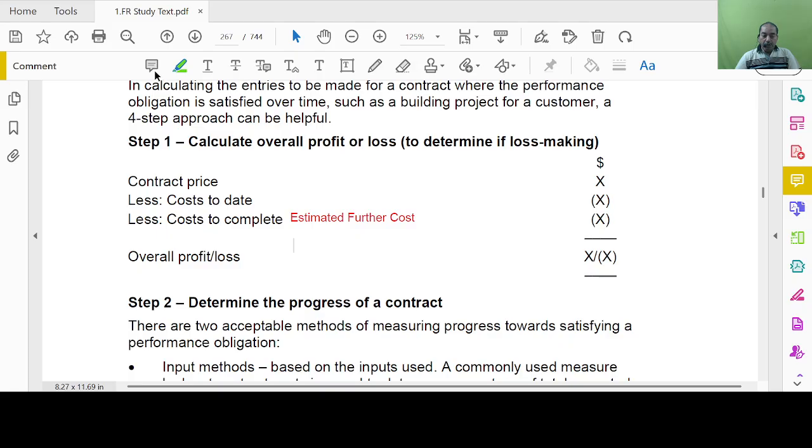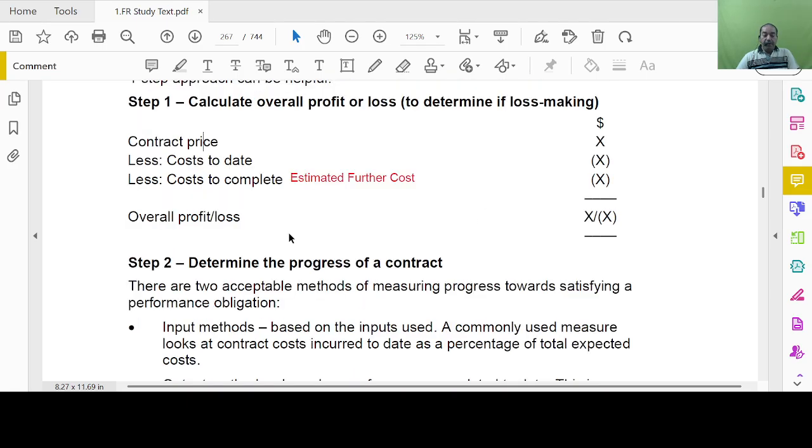Okay, so this is how I start with the first step. That will give me the overall profit or loss. That means if I am having a profit, it will be a positive figure. If I am having a loss, it will be a negative figure. Right? Now, so step number 1, I have got my estimated profit or loss.